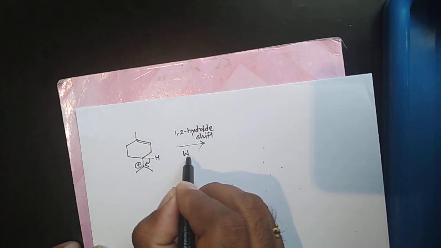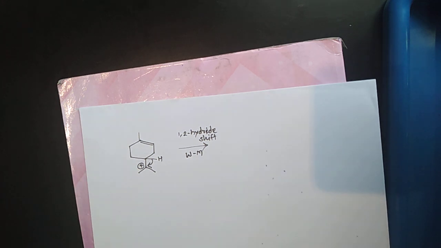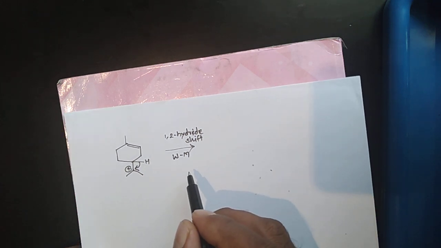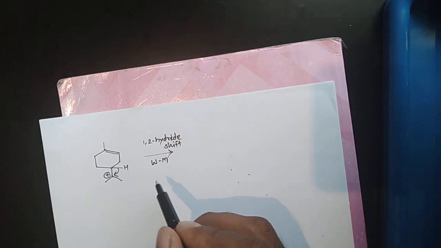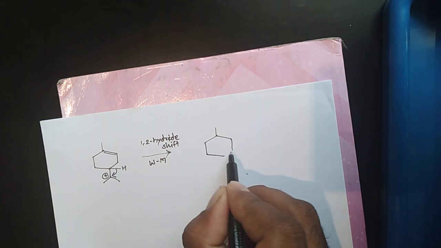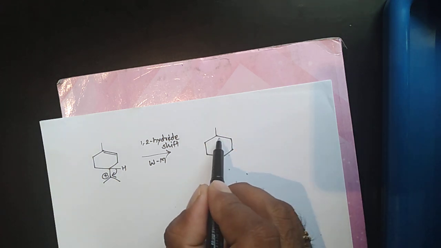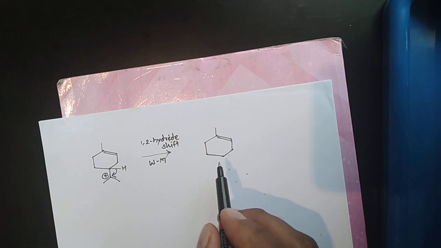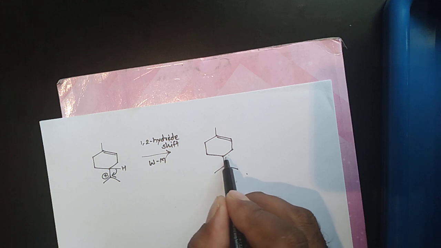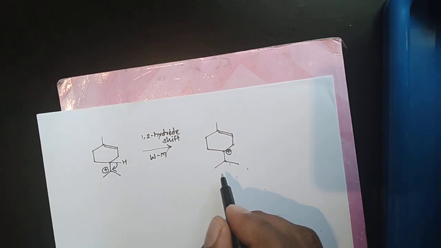or another way, WM means Wagner-Meerwein shift or rearrangement. Then what will happen? If the double bond is there, this double bond will stay intact as such, then here the positive charge will shift from here to here, only that difference will be there.